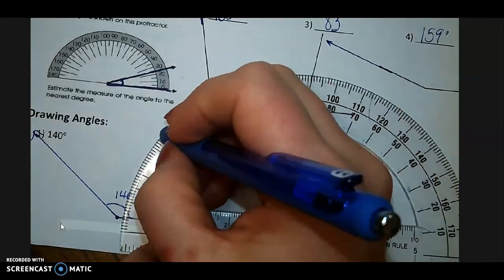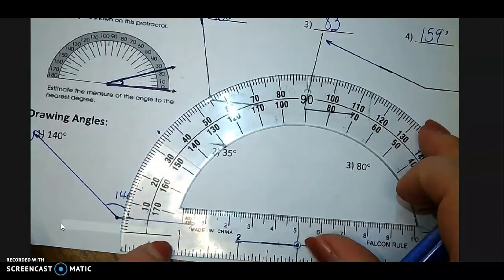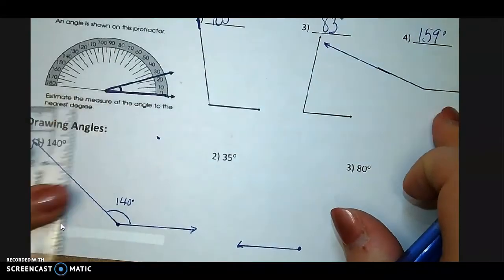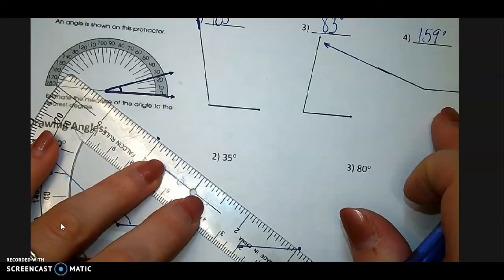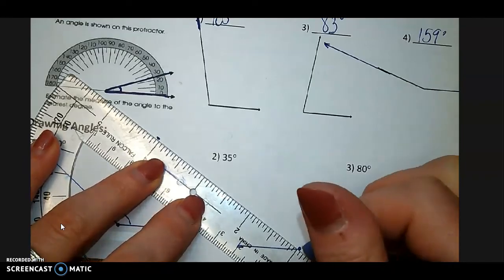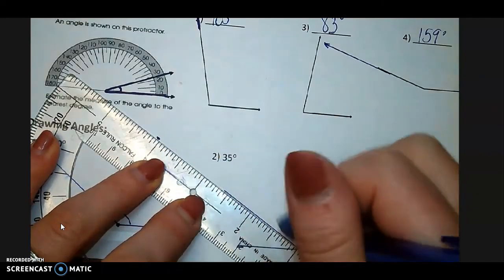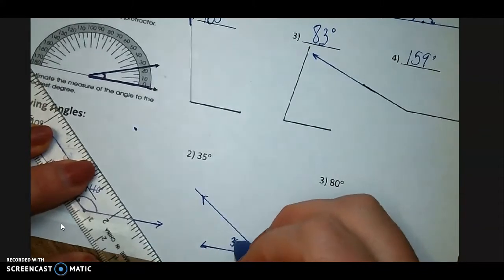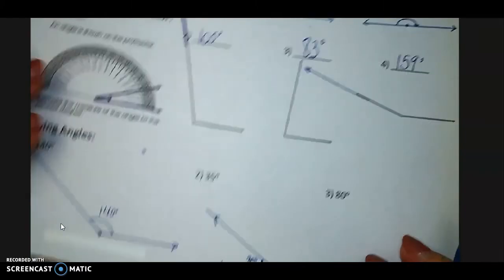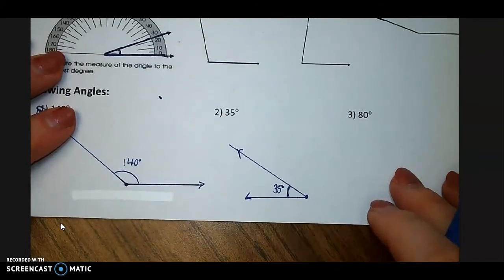So 35 for me is going to be right there. I'm not going to draw my line that long, but I'm going to use that to match it up and line it up. And then I can make that line however long I want, but that is a 35 degree angle, and it's an acute angle. It's just that it opens the other direction.